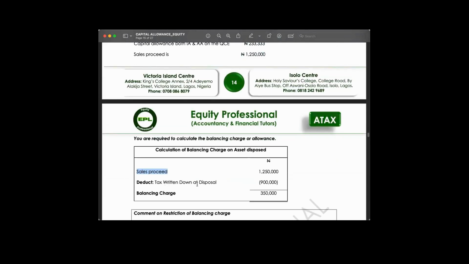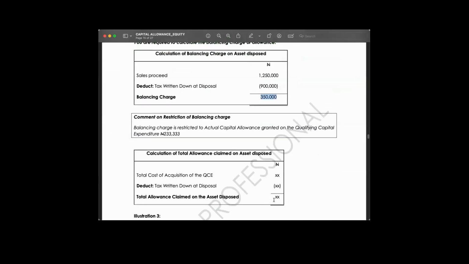Your tax down value is 900. Balancing charge is 350. You remember we said your balancing charge shall not be more than total allowance claimed on the assets. Total allowance claimed on this asset is 233,333. Therefore, balancing charge shall be restricted to the total allowance claimed on the asset, which is 233,333.